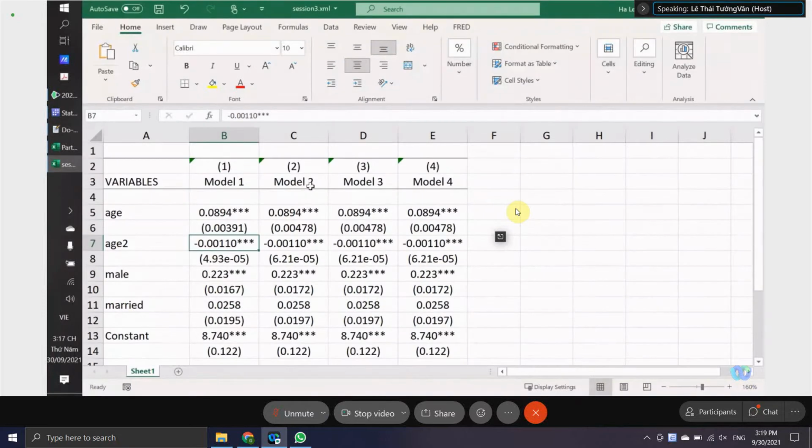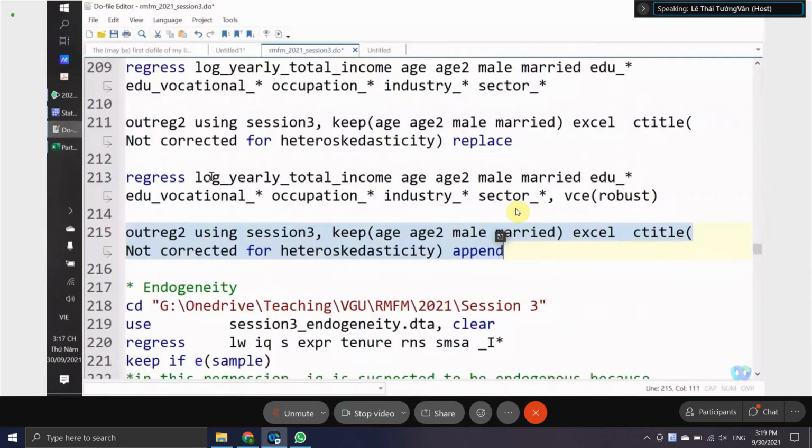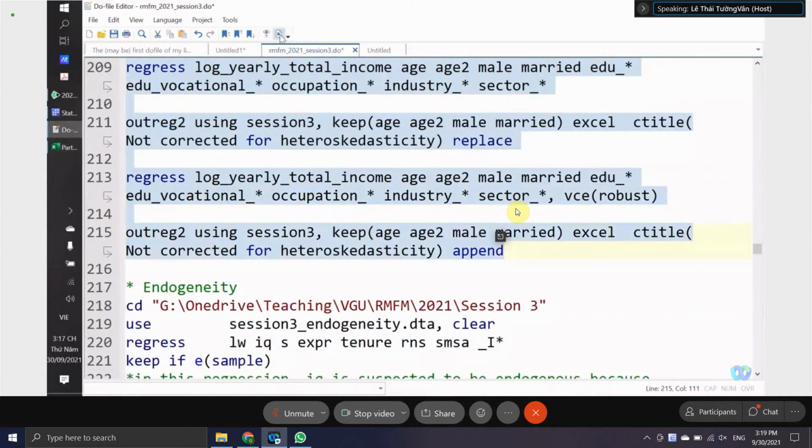Looking at this one, you may see that this model is corrected and this model is not corrected, right? So if I run it again, for the sake of being clear, I will show you the results.